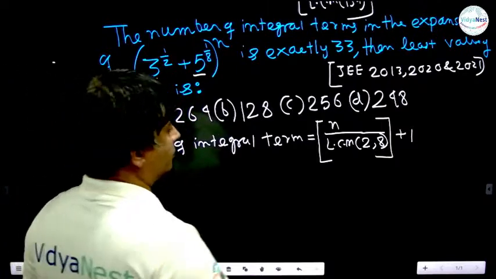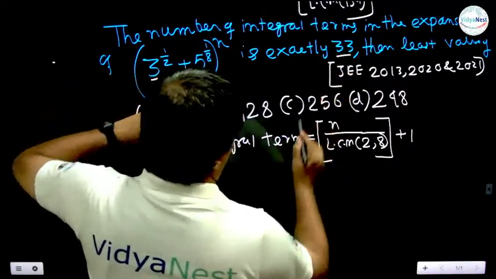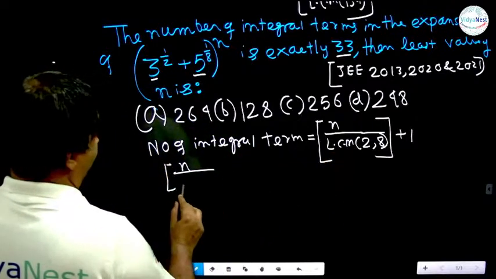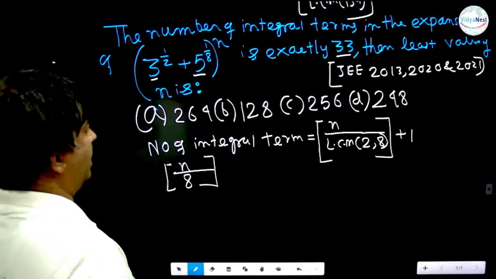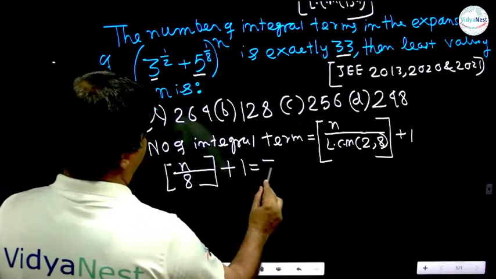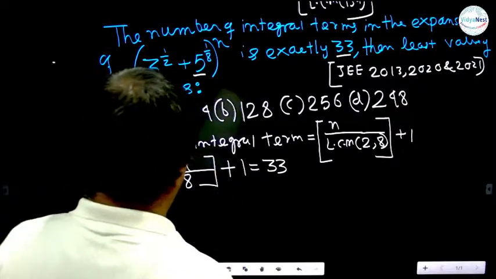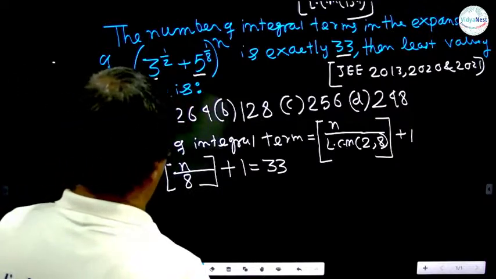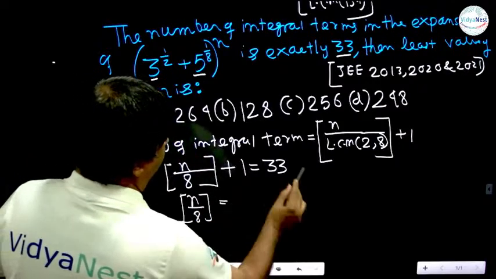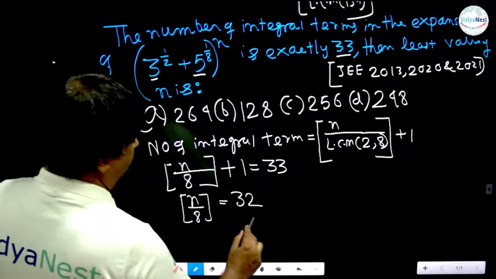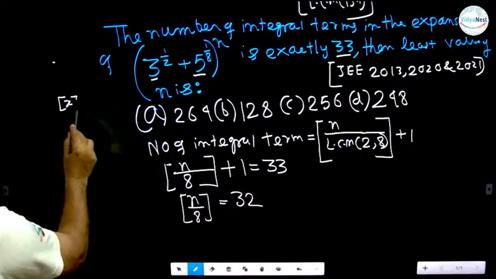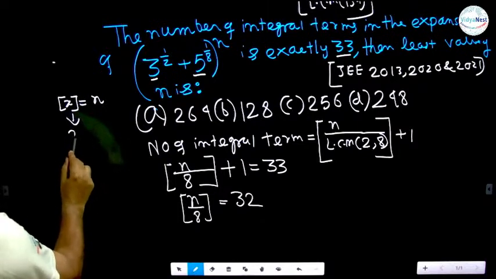Now, that is equal to 33, given. The box of n by LCM of 2 and 8, which is 8, plus 1 equals 33. So the box of n by 8 is equal to 32, with 1 going to the right hand side.